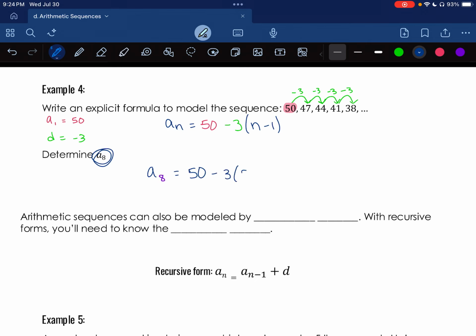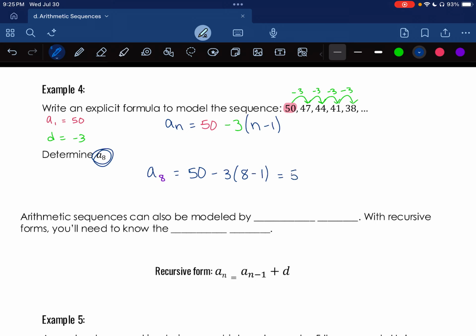I probably could have written out all 7 terms that came before and then the 8th term and figure that out. But again, like I said, if I ask you for the 45th, the 57th term, as it gets gnarlier, you're going to be happy that you have that. So it's going to be 50 minus 3 times 7, or 50 minus 21, so 29.